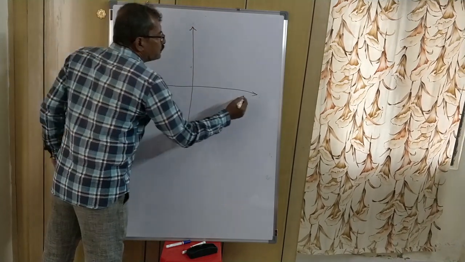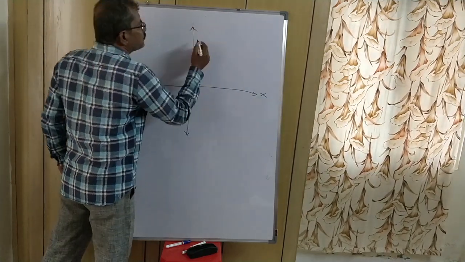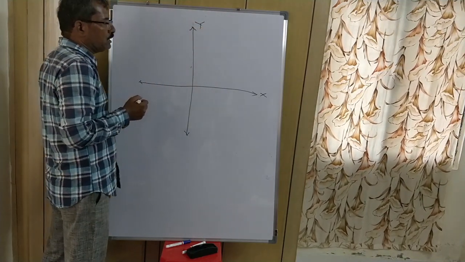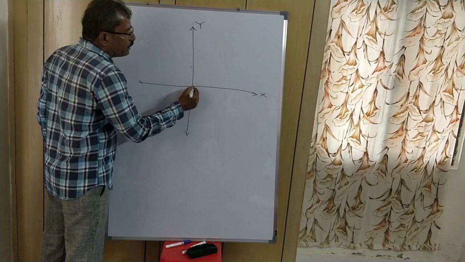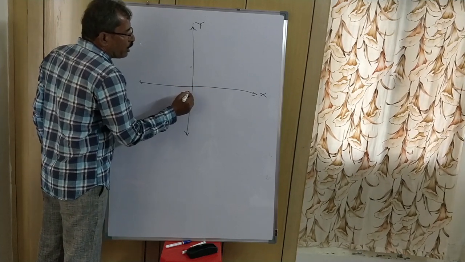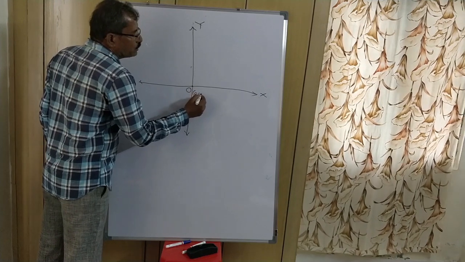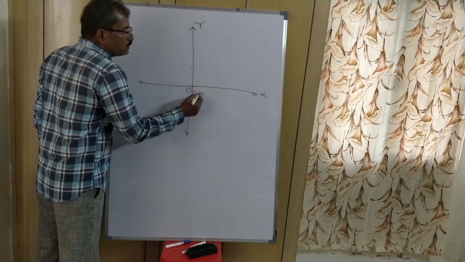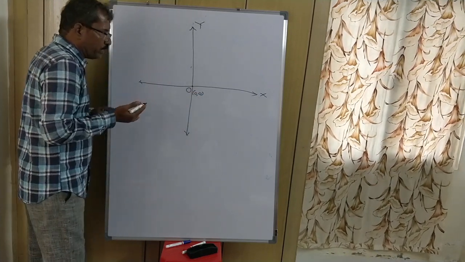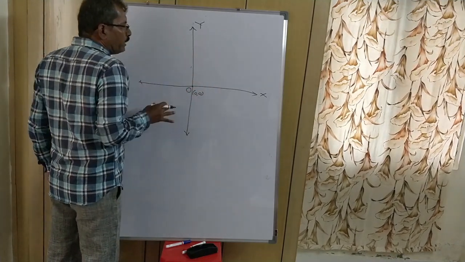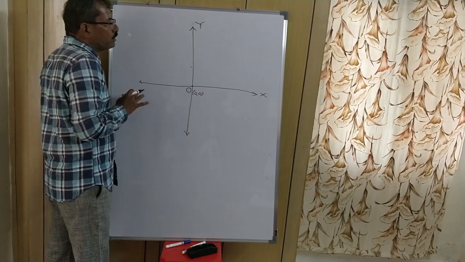This is the x-axis, this vertical line is the y-axis, and these intersect at one point, that is the origin O, denoted with 0, 0. 0, 0 is the ordered pair. And like this, we have many points and many lines on this plane.